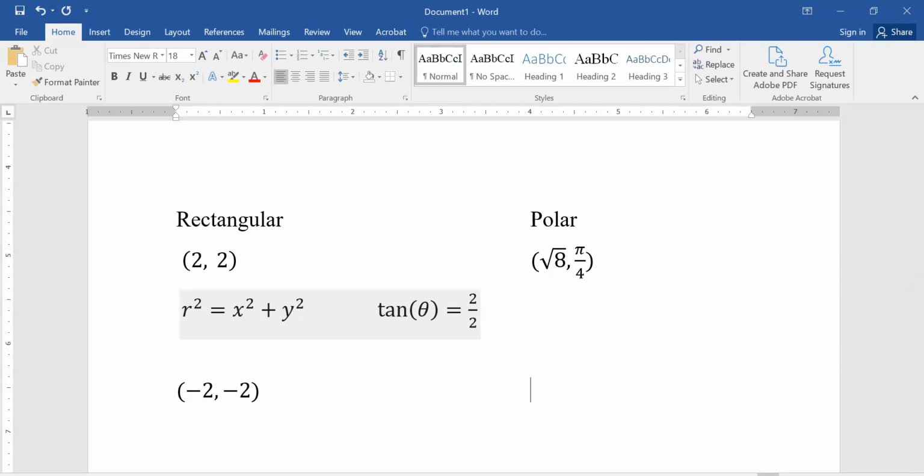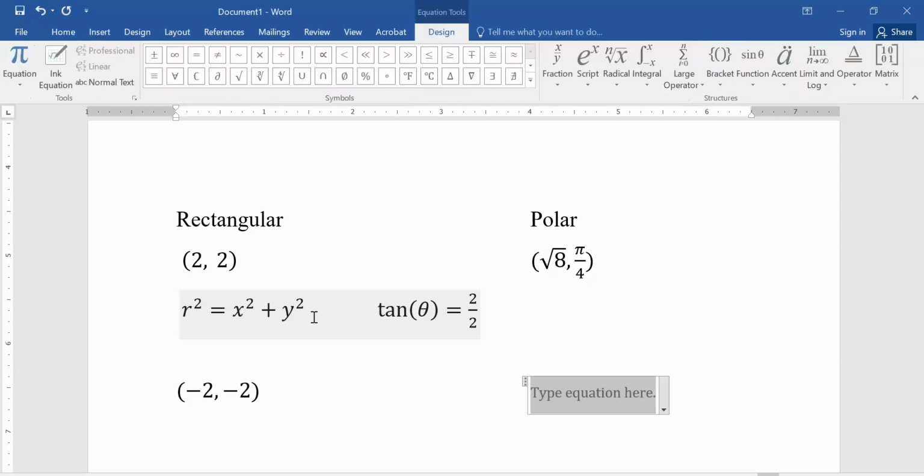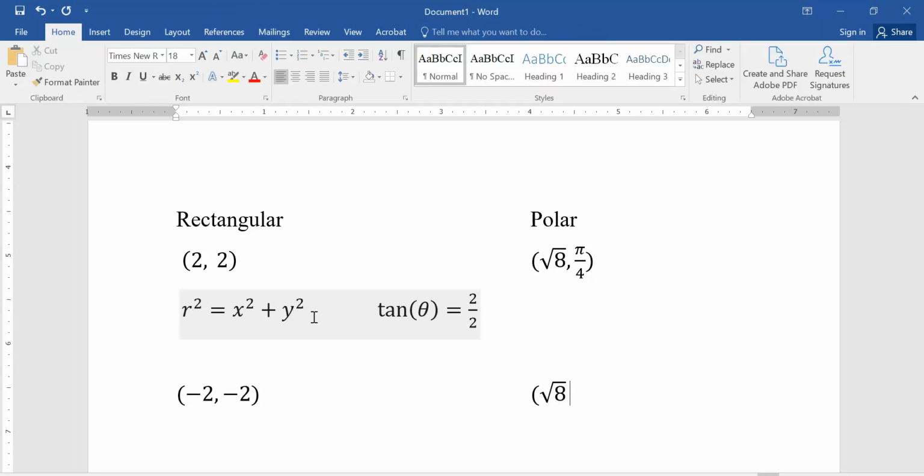So the polar point is going to have, once again, an r value of square root of 8. Well, what's the theta? If I plug in tangent theta equals -2 over -2, you get the exact same value for theta, once again pi over 4.